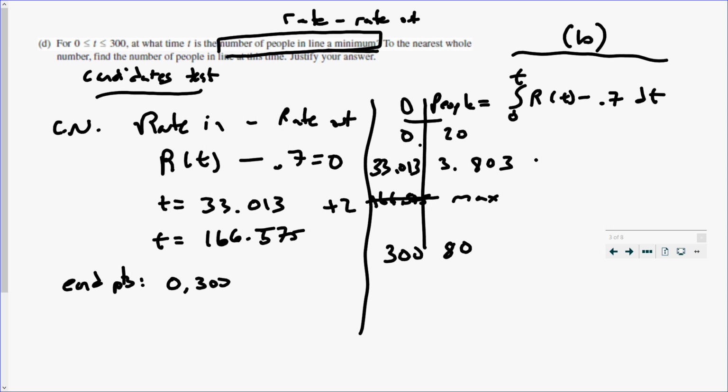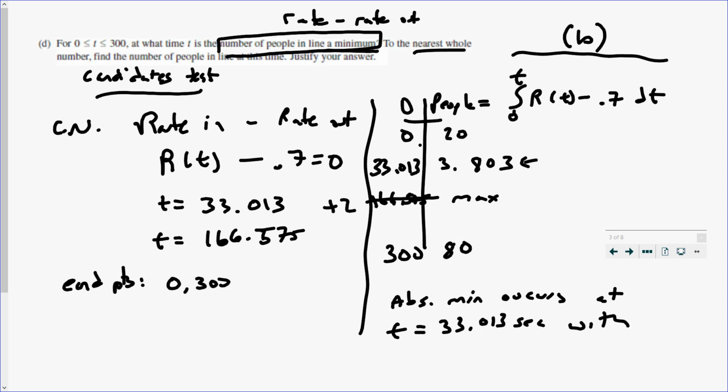Well, right there. There's a minimum number. So we can say that the absolute minimum occurs at t equals 33.013 seconds. Now they do want the number of people to the nearest whole number. Well, it's 3.8, so that rounds up to 4 people.